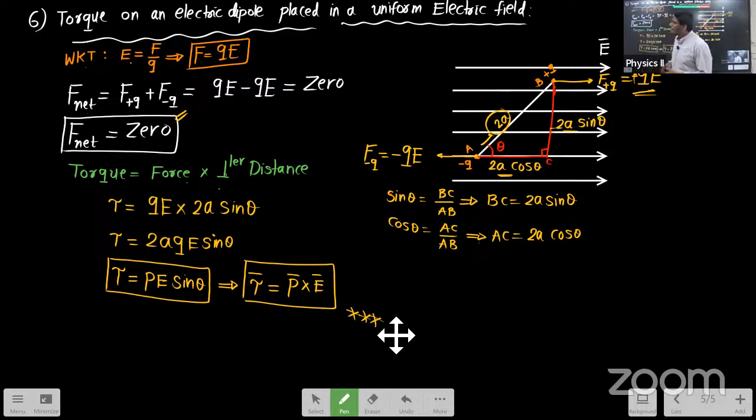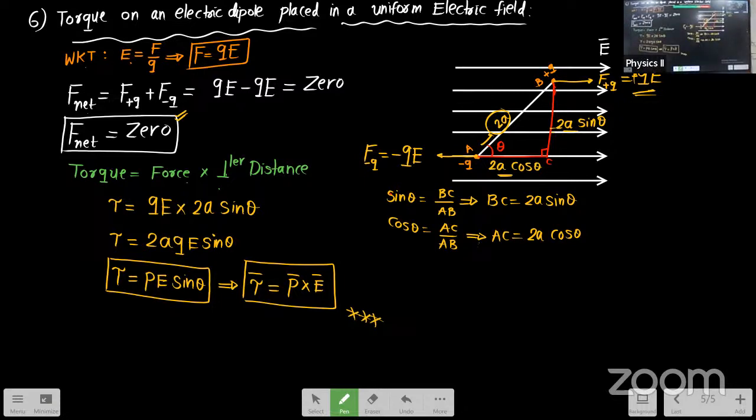Finally, we determined the torque produced on an electric dipole due to a uniform electric field. And what is the final answer we got? Tau is equal to P bar cross E bar. I hope you understood this answer.